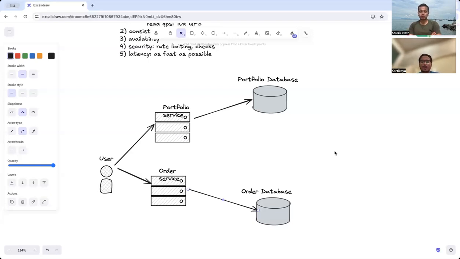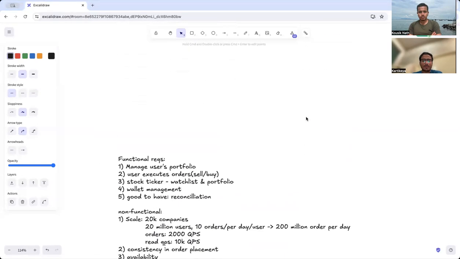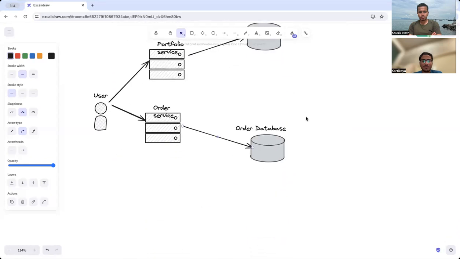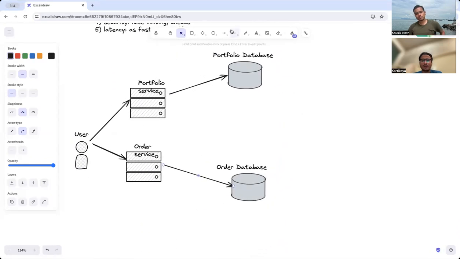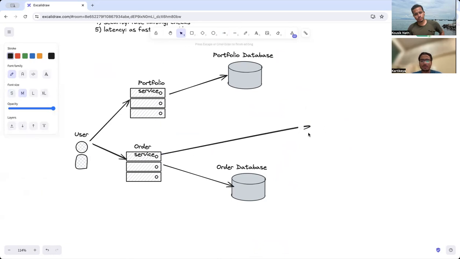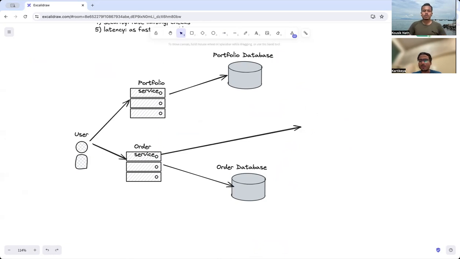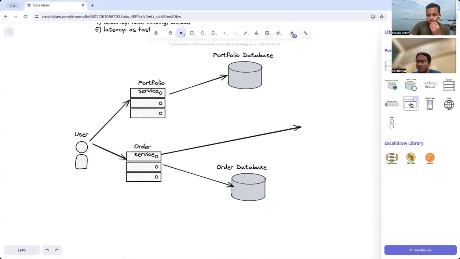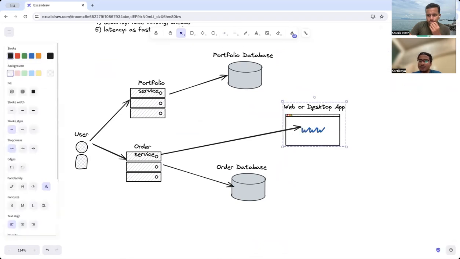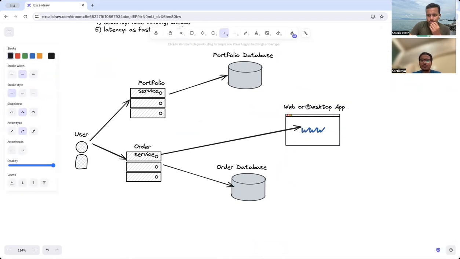Okay, anyway, let's move on to the next part. Of course, we also need to send that order to the exchange. Let me just add it, and maybe let's call it exchange.